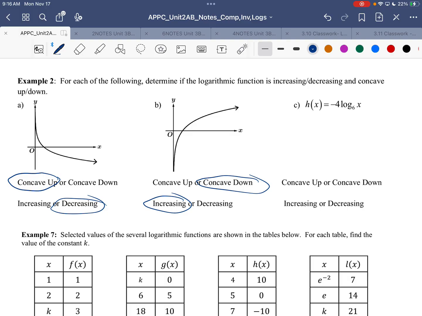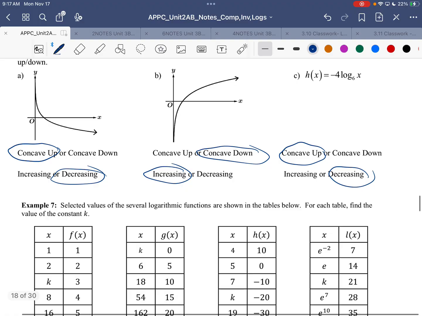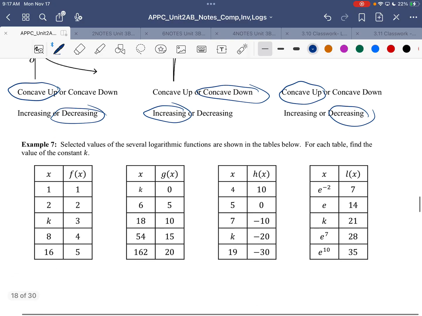I said that backwards. Concave up and decreasing. Those are together, right? So if it's concave up, the function should be decreasing if it's a log. If it's concave down, then it's increasing. And vice versa. If it's increasing, it should be concave down, because that's just how logs will look every single time. You've got a 50-50 shot to get it right, I guess.